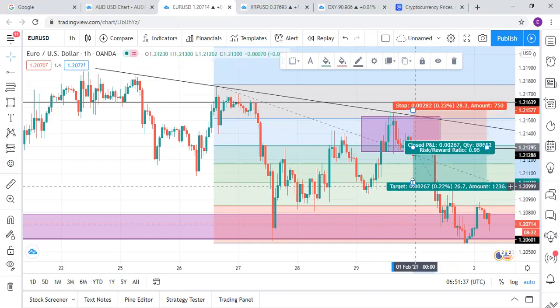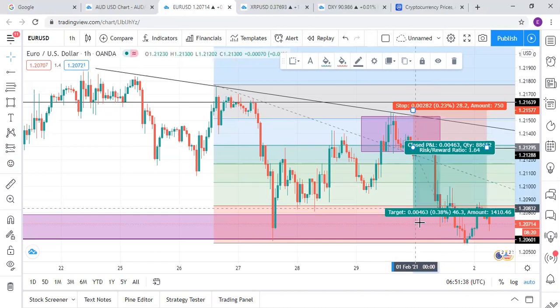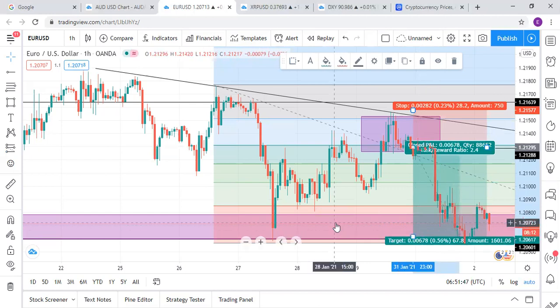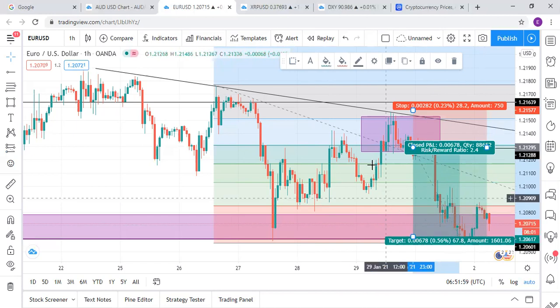Then our TP, our target, bring it back to this zone. That's support. So that's it. Ratio 1 to 2.4. So you are risking 28 pips, and you are gaining 67 pips. So that's how I pick my trade on lower time frame.